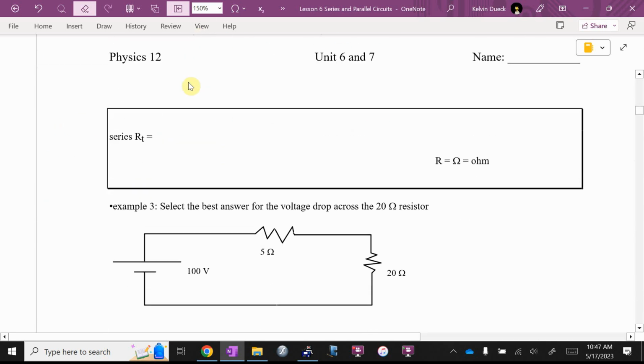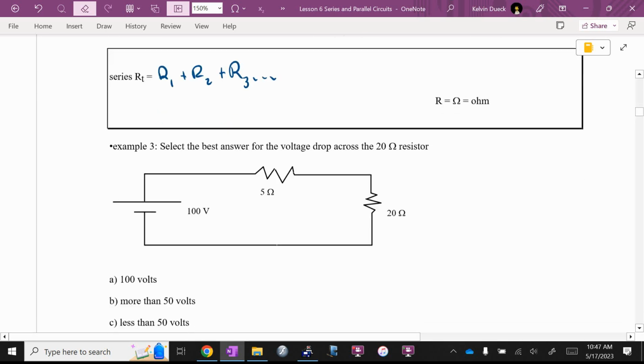You add them together. If you're adding series resistors and they want you to find the total resistance, it's just going to be the first resistor plus the second resistor plus the third resistor plus the fourth, however many are in series. Now, if there's any junctions between them, stop. You can't go any further. But if there's no junctions between them, add them up.